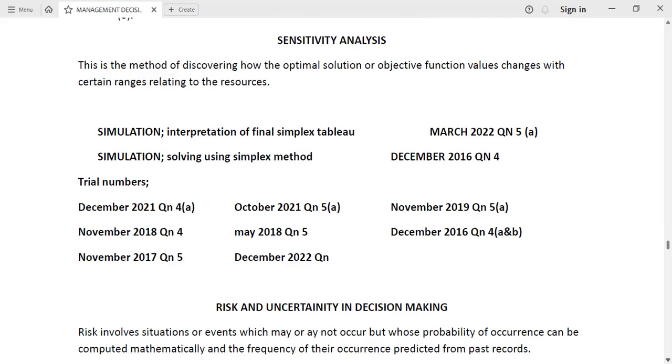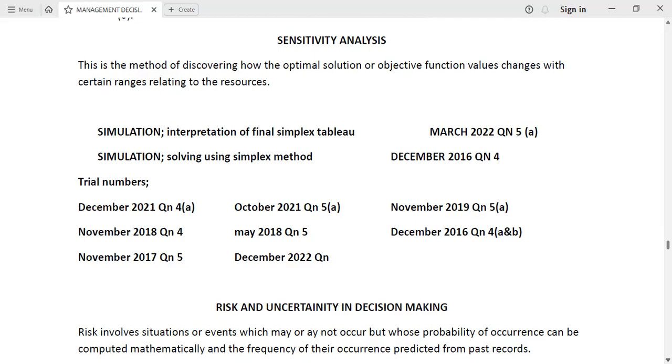Some of these linear programming questions, the examiner may just give you the final table for you to interpret and make a decision. Or the examiner may tell you to compute, so that you get the final table by yourself and make an advice. Whichever way the examiner may want to set it is what we are targeting, because we shall first look at how to compute and get the final simplex tableau before we start to interpret.